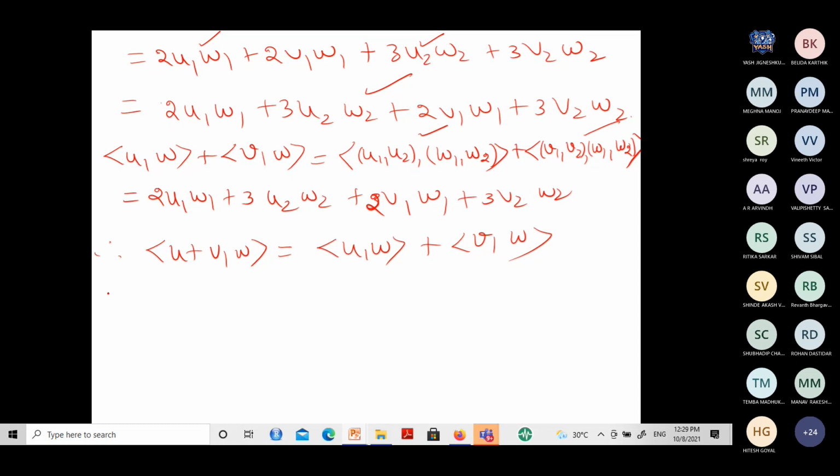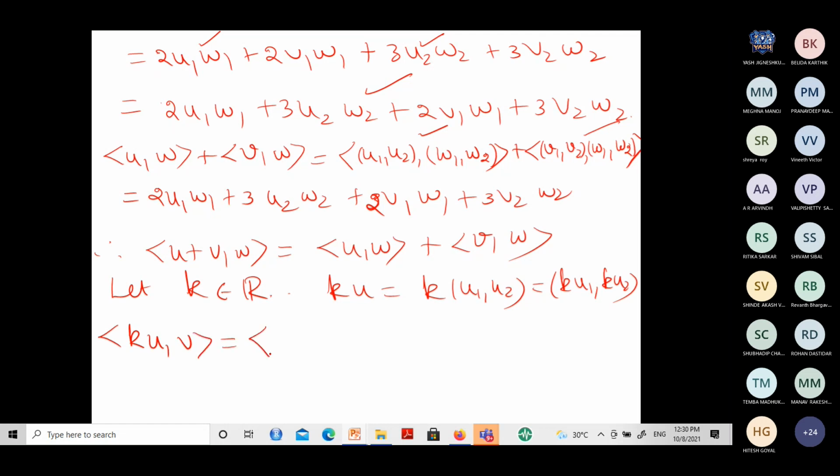What is the third one? Let k belongs to R, a real value, right? k times U is k into U1 comma kU2. So inner product of kU comma V is kU1 comma kU2 comma V1 comma V2. According to the definition, it should be 2 times this into this plus 3 times this into this.